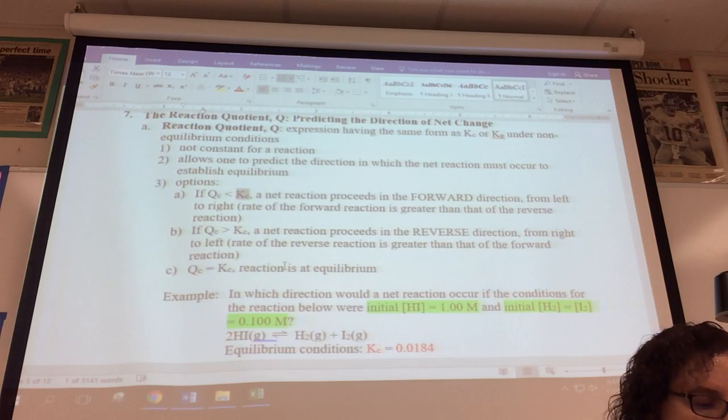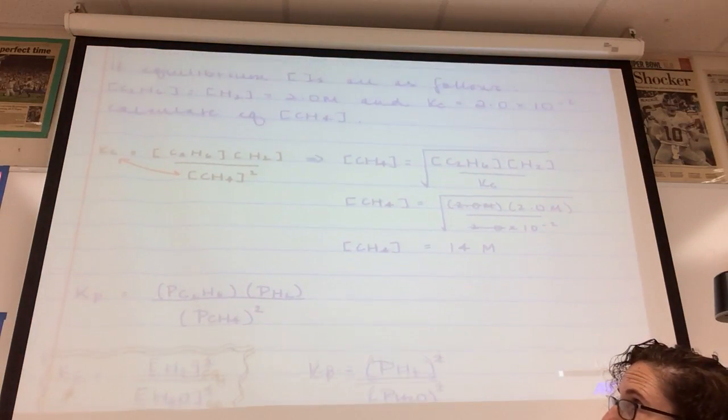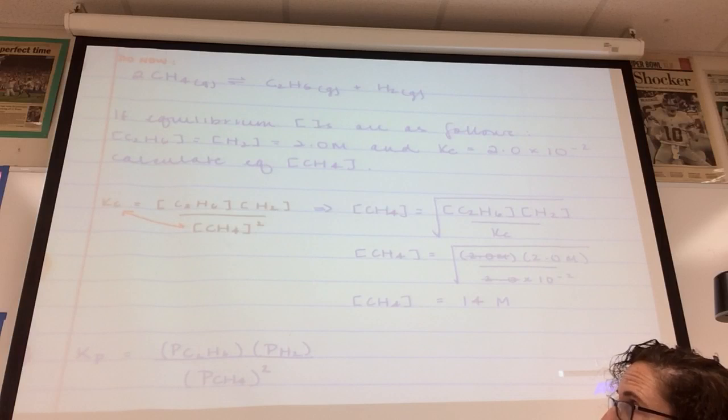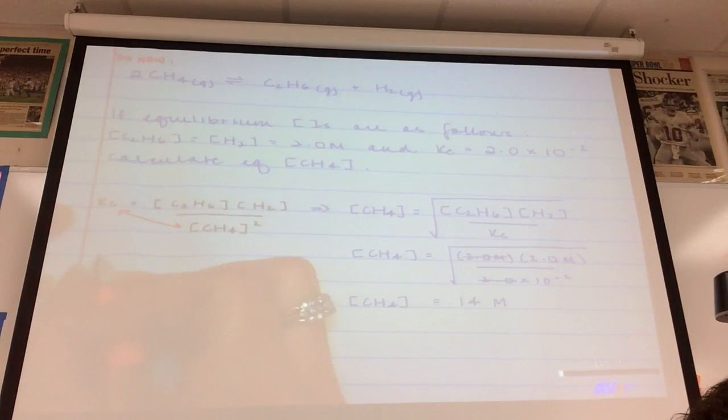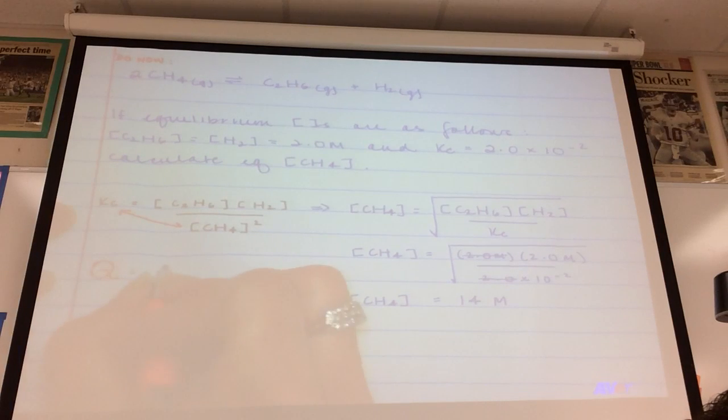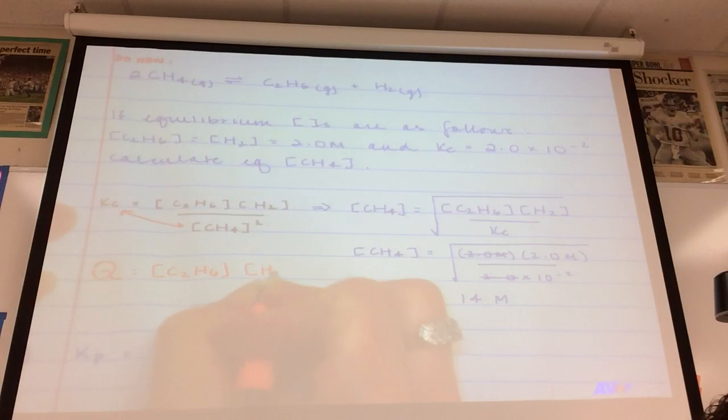Q's are written just like KC's with one change. So in the do now problem we looked at initially, if you were going to write the Q, the reaction quotient, you would use the concentration of products in the numerator and reactant in the denominator.